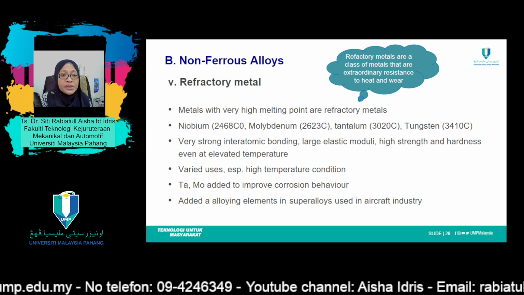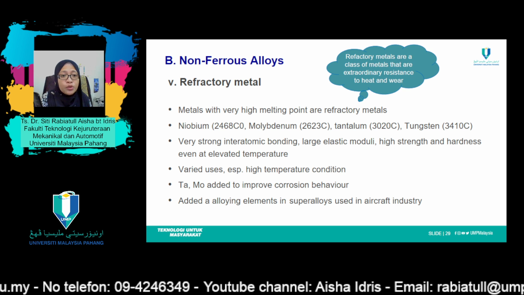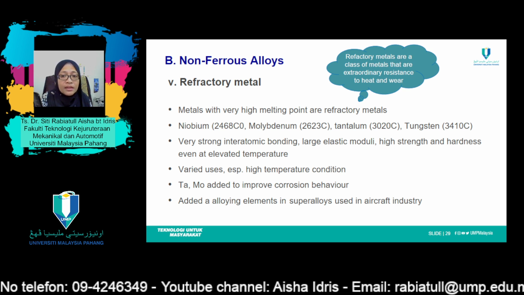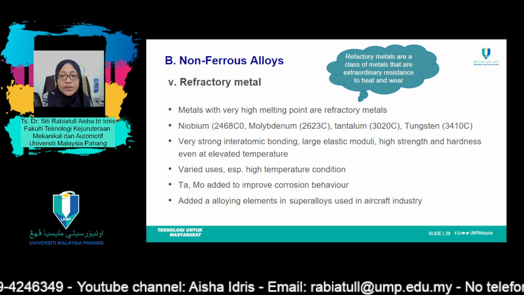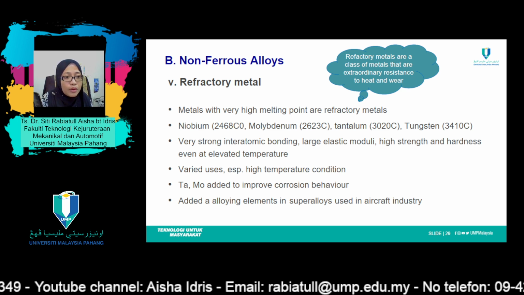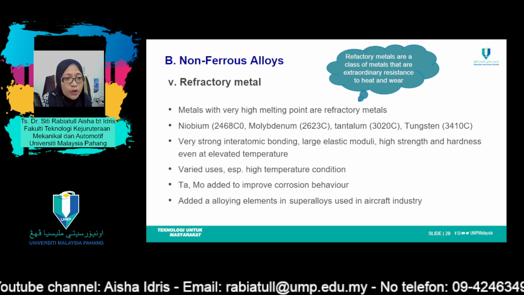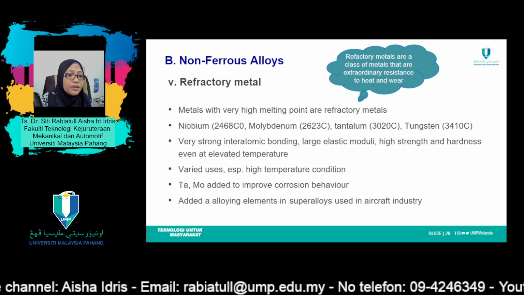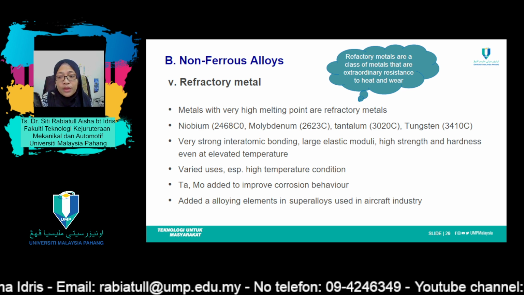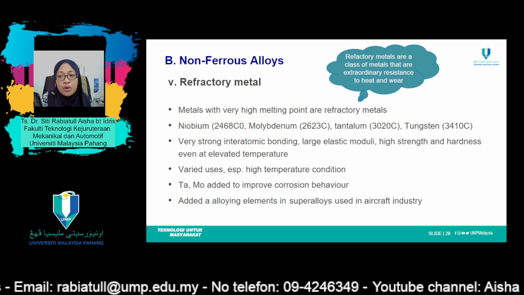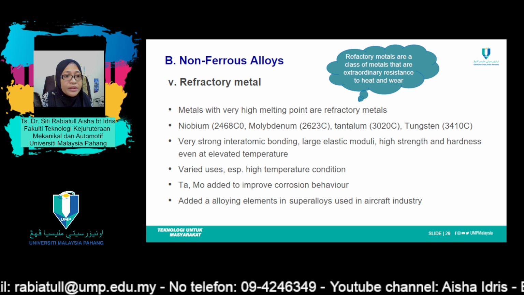Melting temperatures range between 2468 degrees C for niobium and 3410 for tungsten. The highest melting temperature of all metals is for tungsten, with the value of 3410 degrees C.